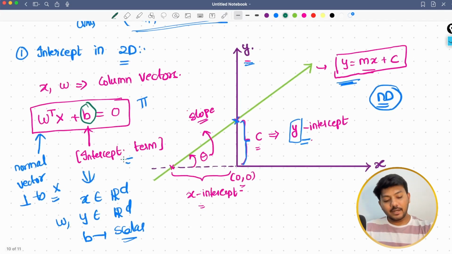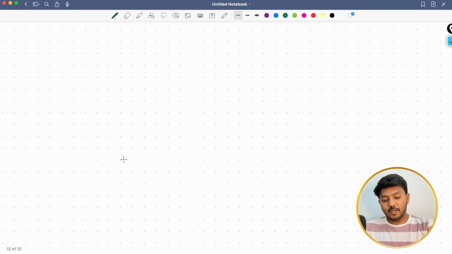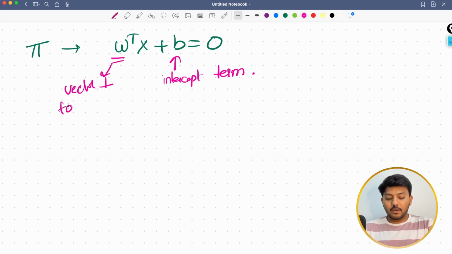And how do you calculate these intercepts in case of n dimensions? It will be minus b by wi. So let's say, as a conclusion, given a plane we have the equation as w transpose x plus b equal to 0, and this is your intercept term. It is not the actual intercept, and this is your vector perpendicular to the plane. And what are the actual intercepts in case of n dimensions? We have x1, x2, x3 up until xn.